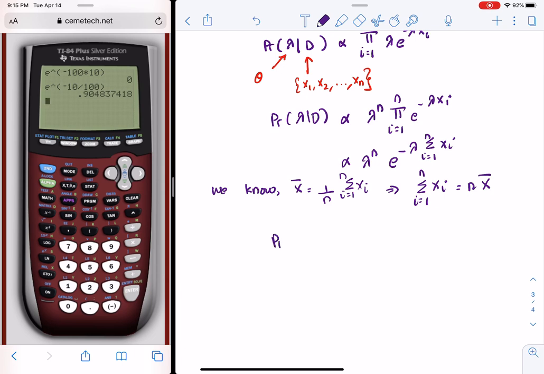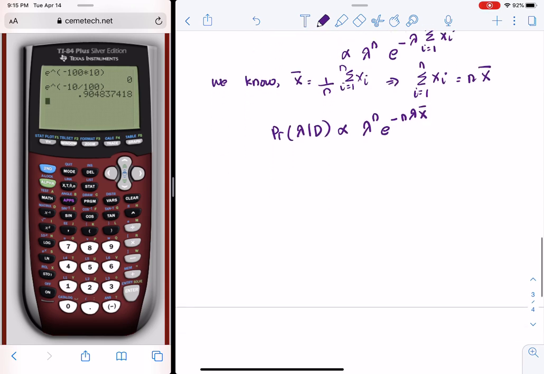So I'm going to rewrite the likelihood of lambda given d, which is proportional to lambda raised n, e raised negative n lambda x bar. So what should we do with this likelihood function?